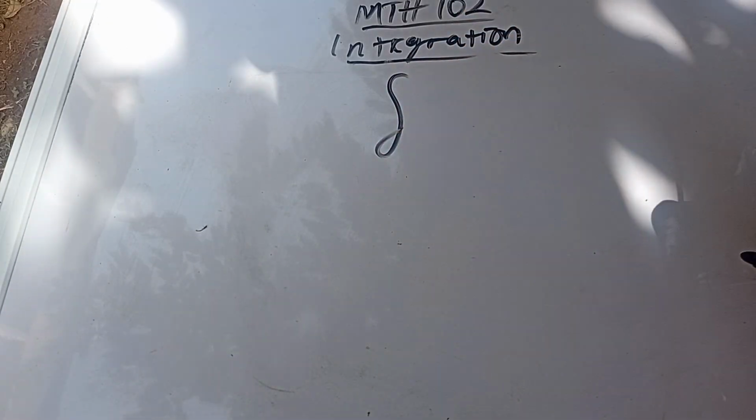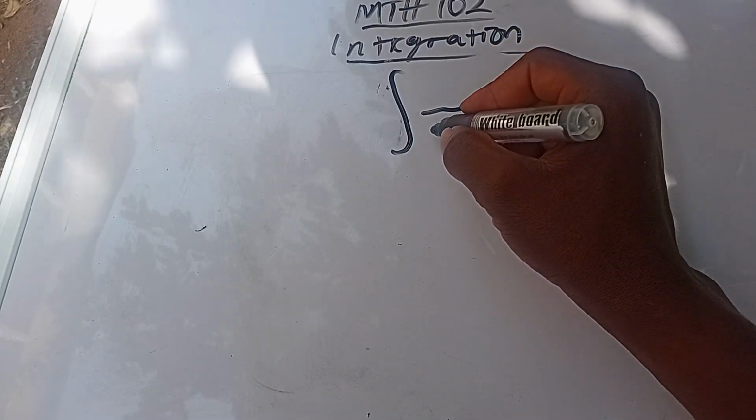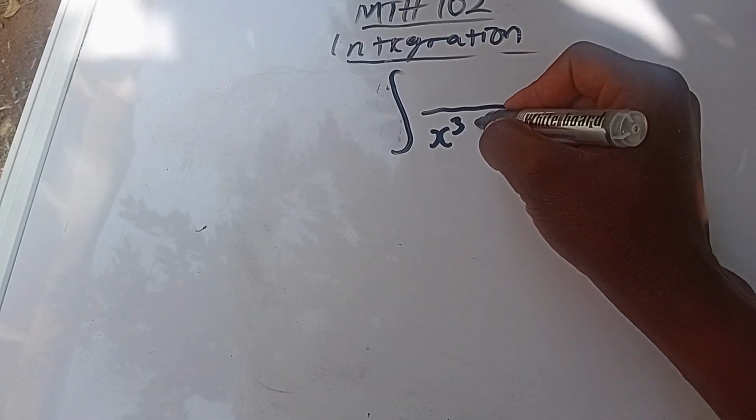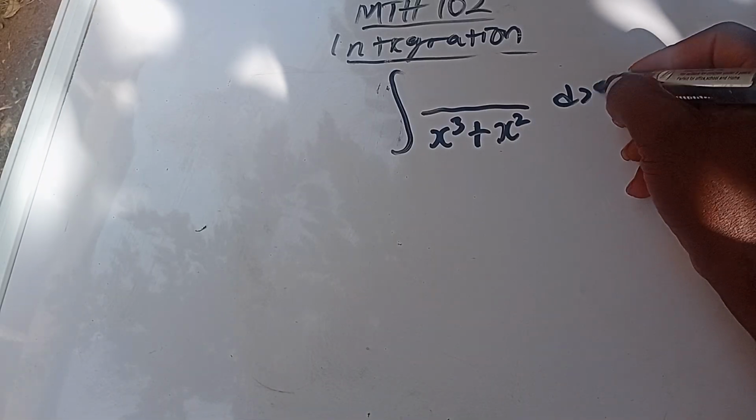Let's say here we have the integral of (6s squared plus 4x) over (s cube plus s squared) dx.